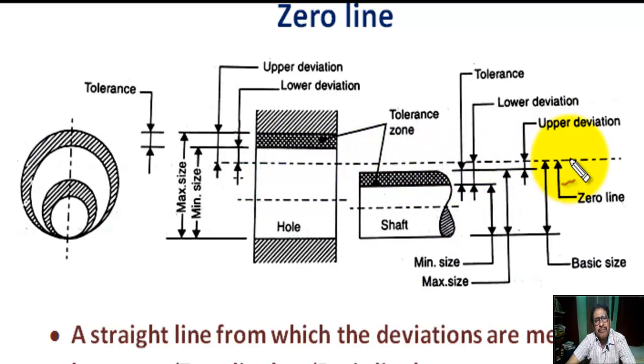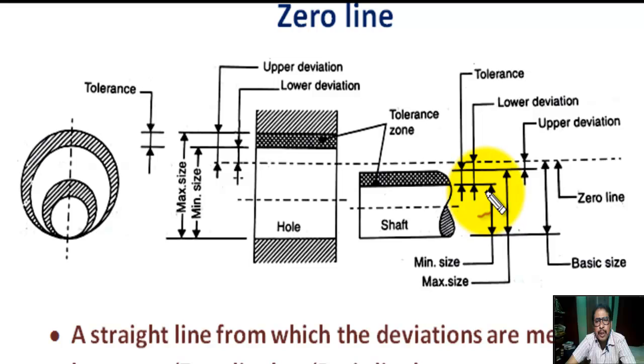For shaft, this is the zero line. This is the minimum size for shaft. This is the maximum size for shaft. This is the zero line.